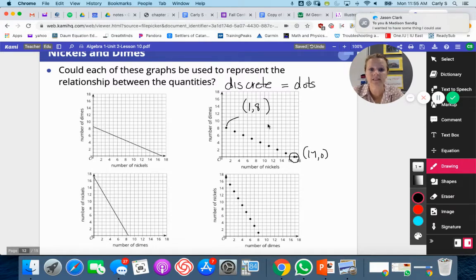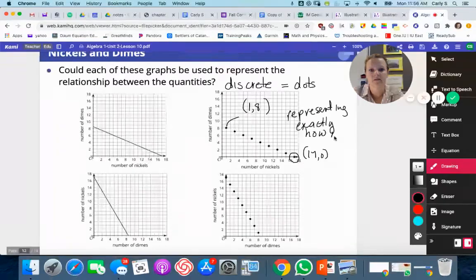So each one of these are distinct dots representing exactly how many nickels and dimes are in the jar.